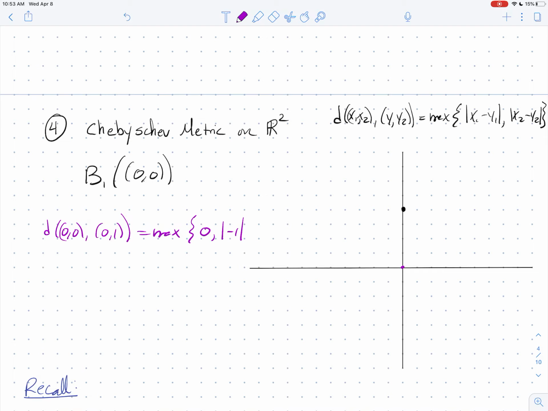And then what I want you to realize is you can do the same thing down as well. So those points are all on my boundary. And I can go over here when x is 1 and y is 0, when x is minus 1 and y is 0. And it turns out that this open ball looks like this.